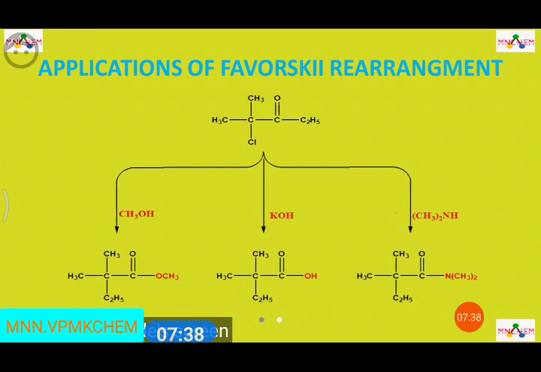For example, if we take this alpha haloketone and the reaction is carried out in the presence of a base and methanol, we get an ester as a product. Whereas if the reaction is carried out in the presence of a base and simple water, an acid is formed as a product. And if we use a secondary amine as a nucleophile, then substituted amides are formed as a product.